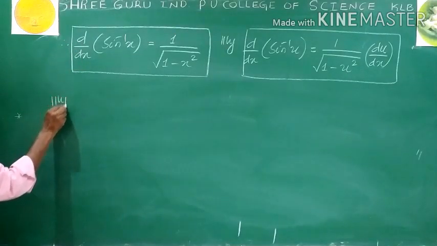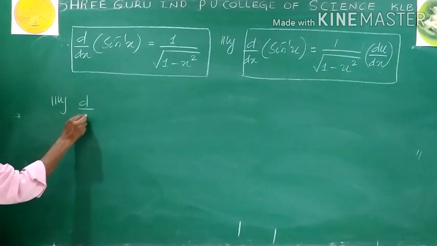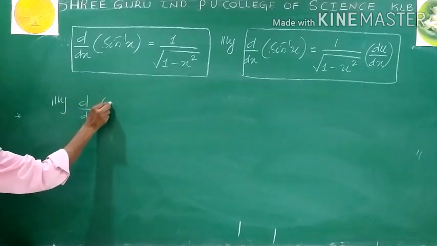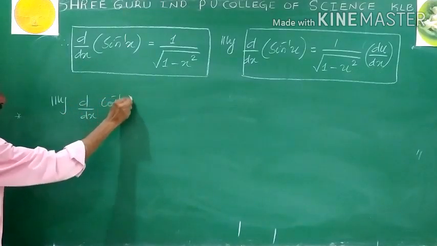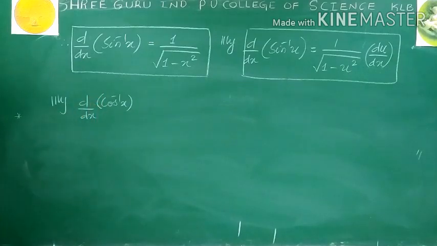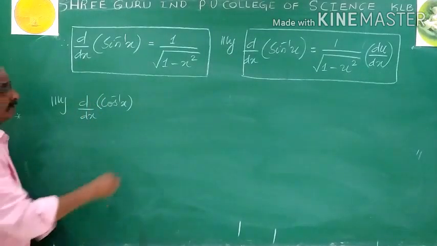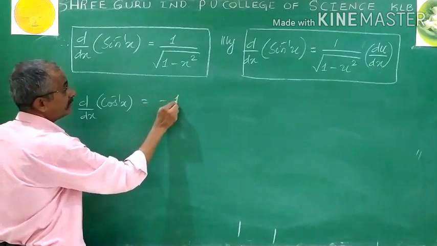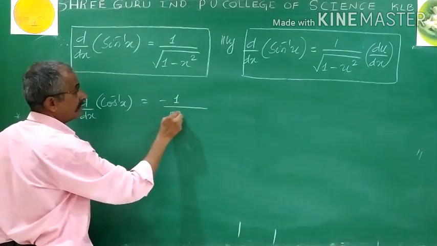Similarly, dy by dx of cos inverse x can be obtained as, you can try it yourself because it is the same type, minus 1 divided by square root of 1 minus x square.